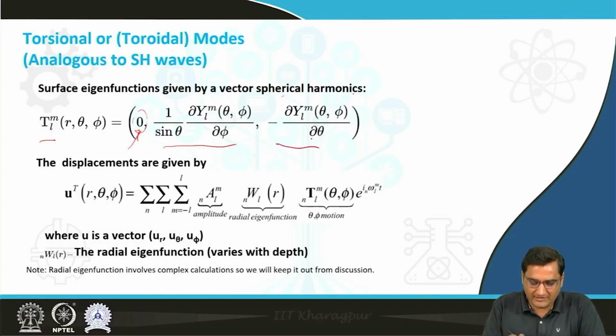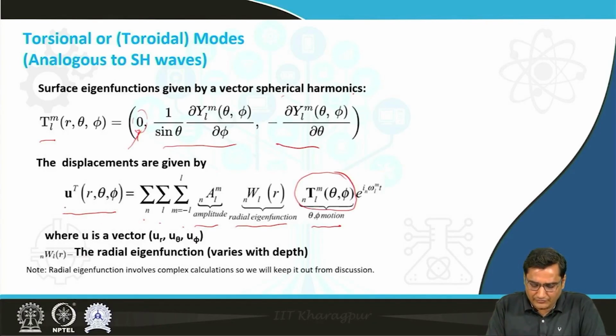The displacement associated with the toroidal mode can be given by ut as a function of r, theta and phi, which will be a summation over n, l and m, where m will vary from minus l to plus l. That will have the amplitude term, the radial eigenfunction term, and also consist of the phi and theta motion, which includes this toroidal mode as well.